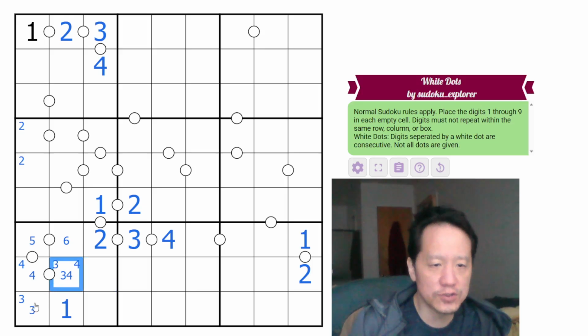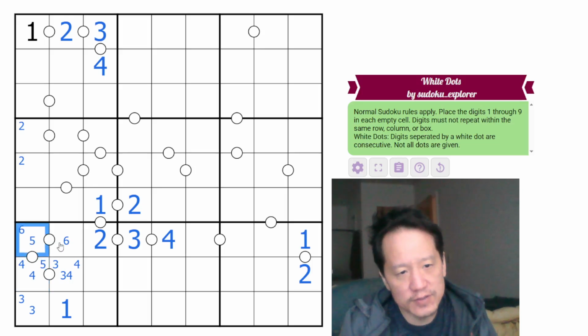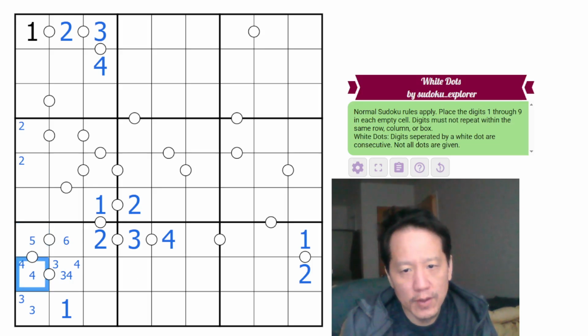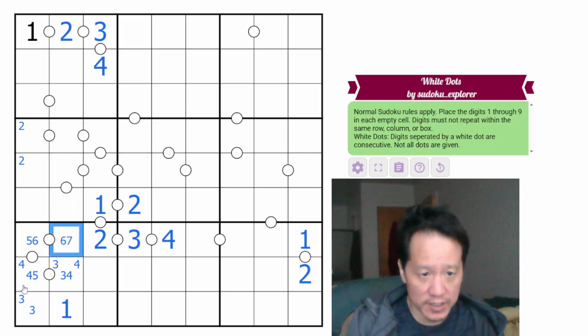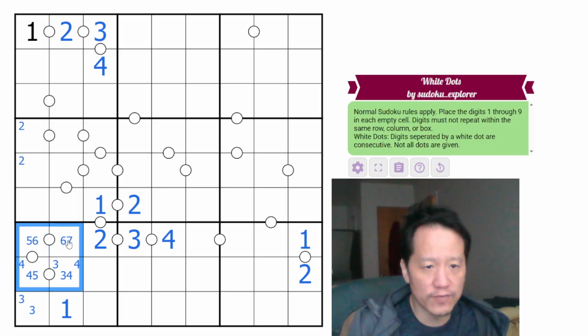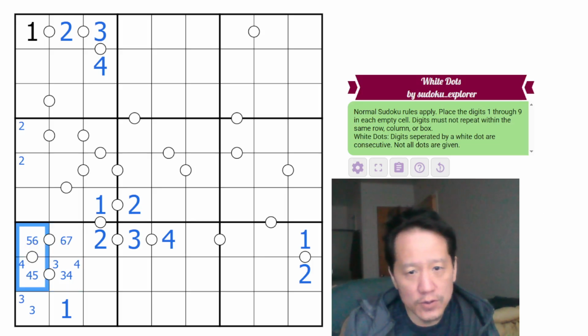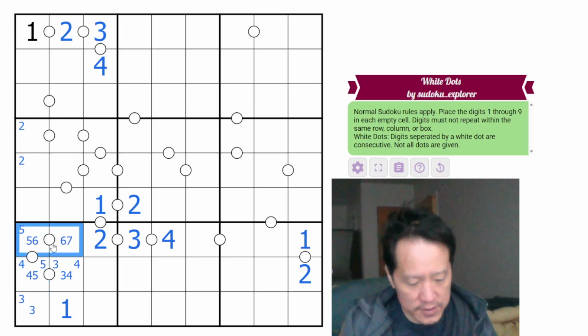So if this is 3, this would become 4, 5, and 6. If this is not 3, that's 3. This has to be 4, which makes this 5, 6, and 7, because those are the only possibilities for 3 and 4 here. So one of these is a 5, one of these is a 6.